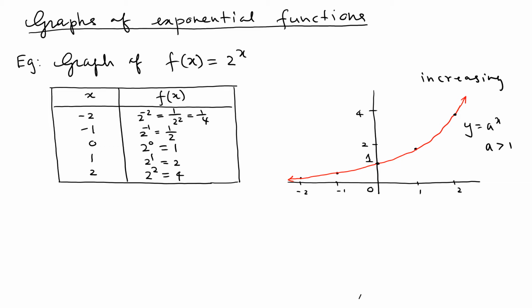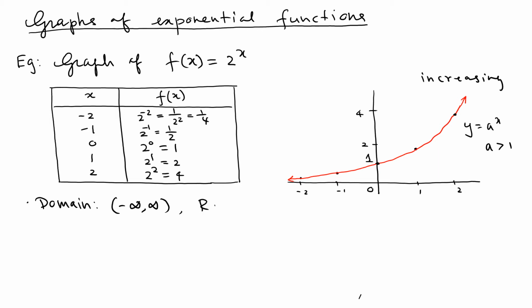There are certain properties that such a graph has. You can see that all the values are always positive. Let's start writing the domain and the range. The domain is all real numbers; it's defined for all real numbers.